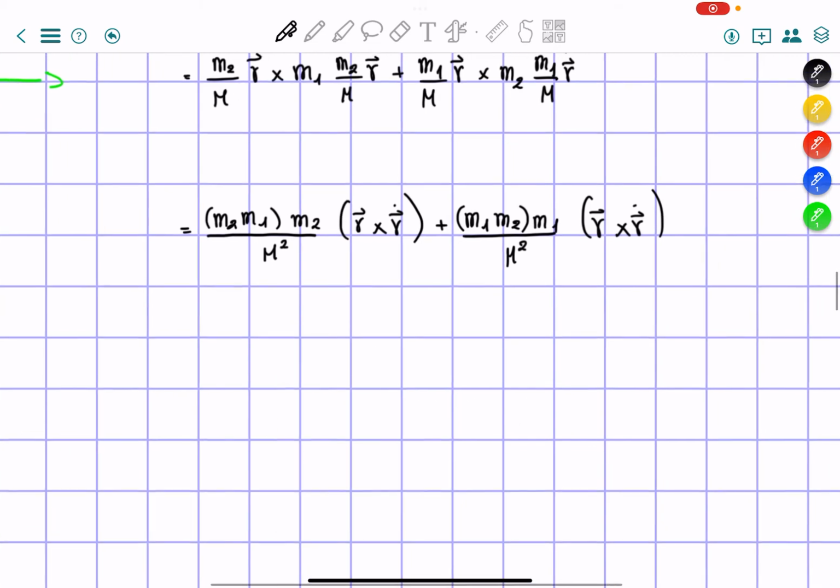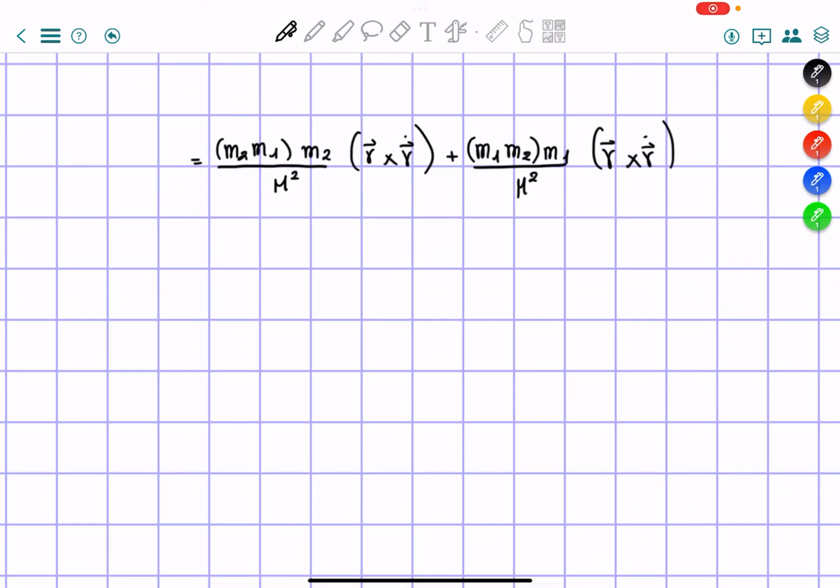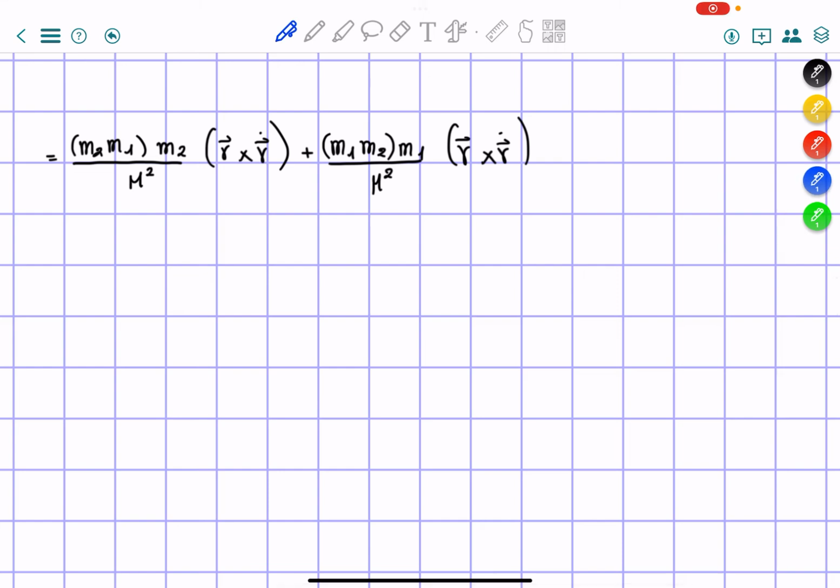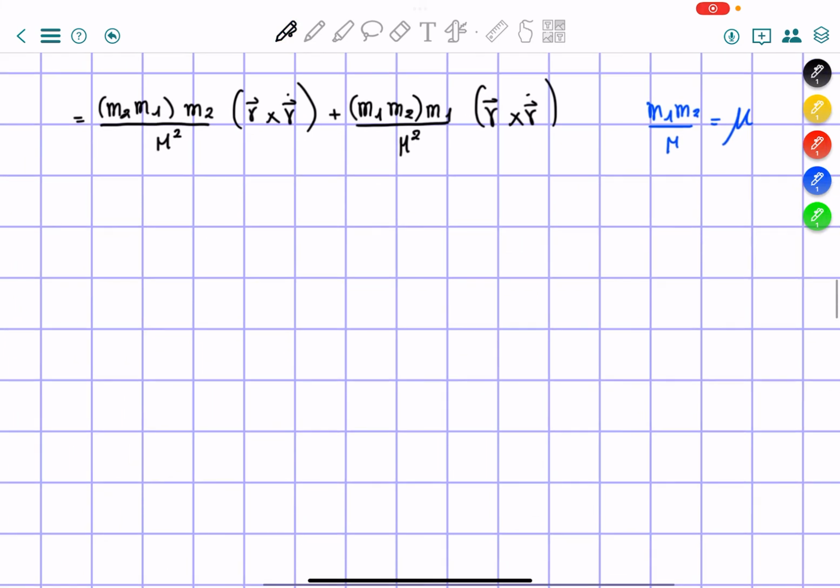One thing I want you to look at: if you remember from the previous chapter, M1 times M2 over capital M is equal to our reduced mass. So we can substitute part of it in here. We get the reduced mass times M2 over capital M times r vector cross product r dot vector, plus, same thing here, the reduced mass times M1 over capital M times r vector cross product with r dot vector.